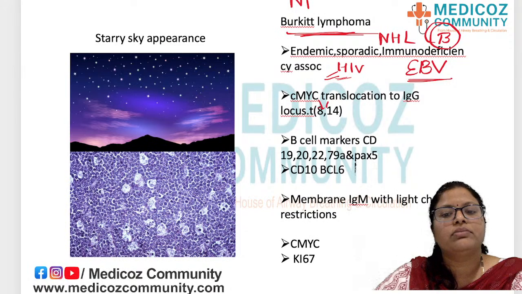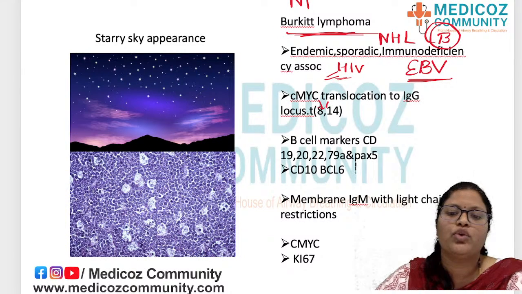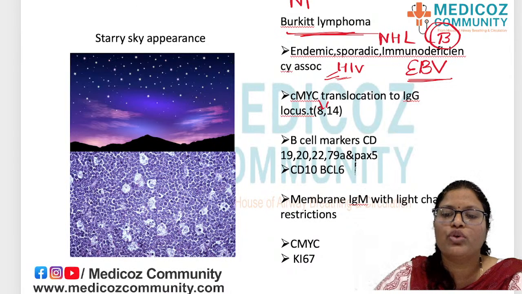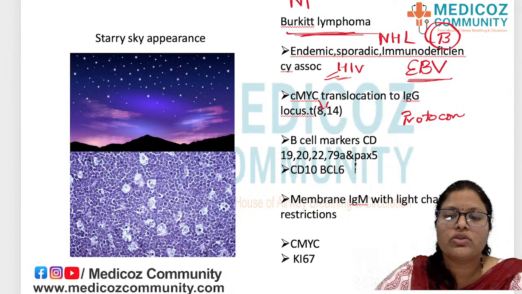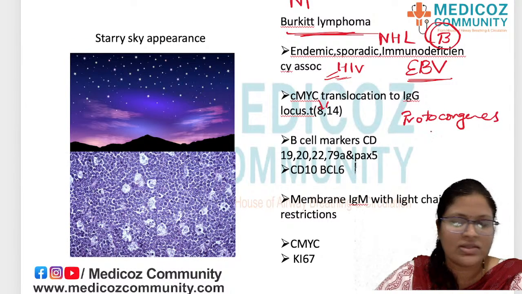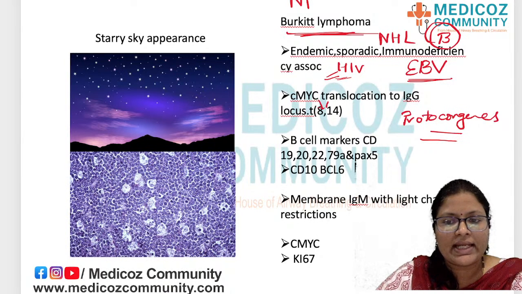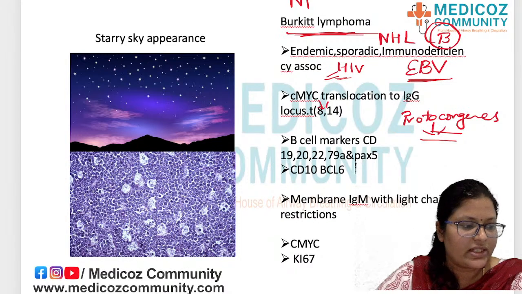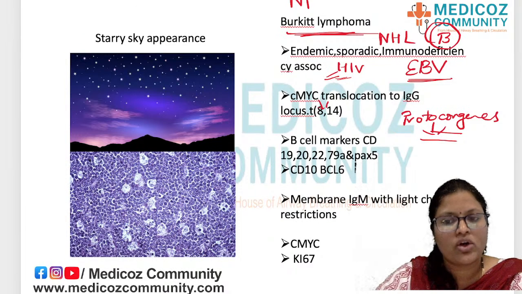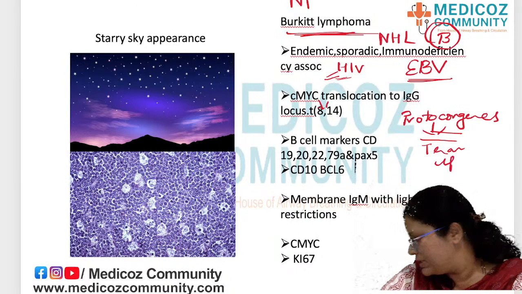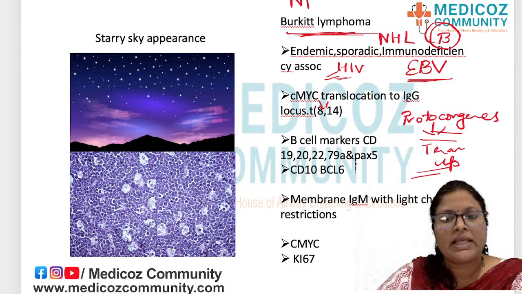So I hope all of you have gone through neoplasia and you know what c-Myc is. Myc is a class of proto-oncogenes. When these proto-oncogenes are upregulated or undergo translocation, it causes malignancy.